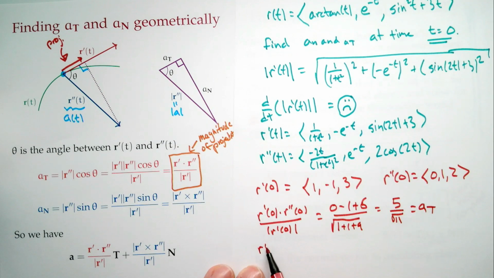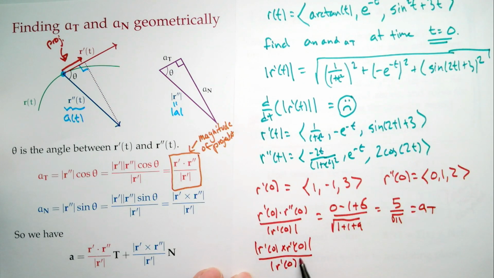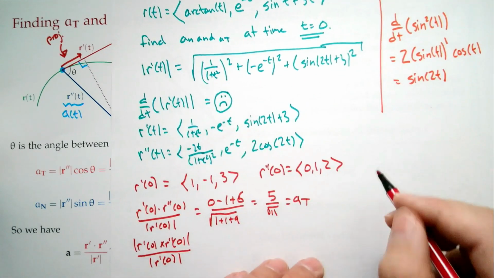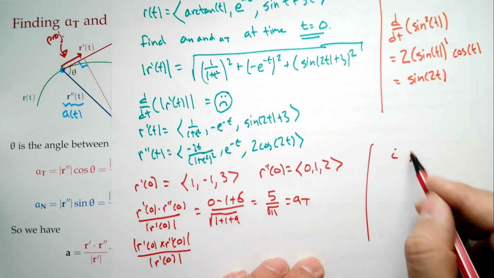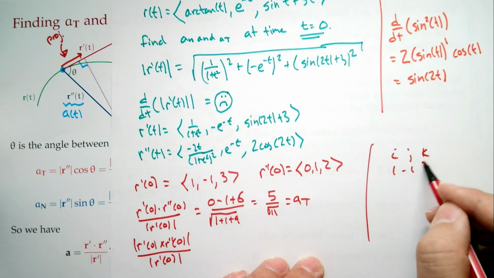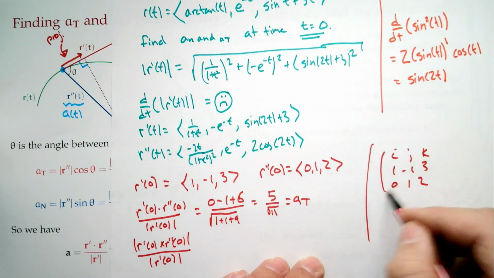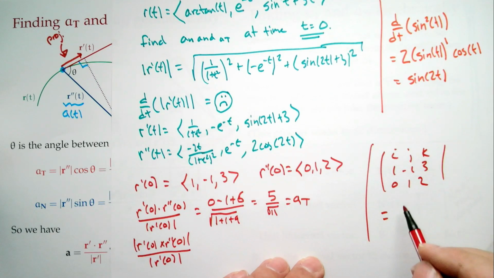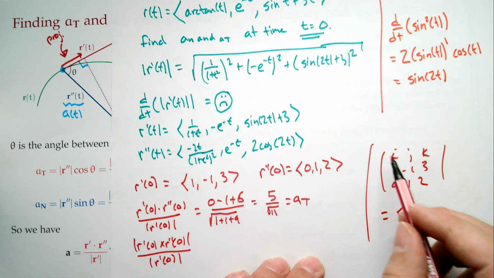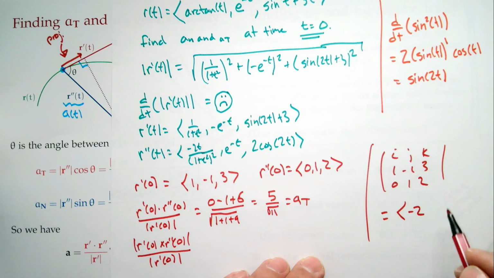On the other hand, r prime of 0 cross r double prime of 0. And again, now we're dealing with simple vectors. We're dealing with just these vectors. There's no t's involved. And so, okay, I got to get space here. So i, j, k, 1, negative 1, 3, 0, 1, 2. So this turns out to be negative 2i.